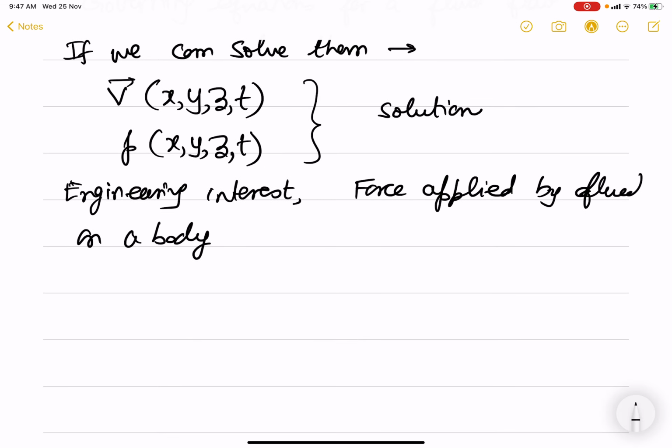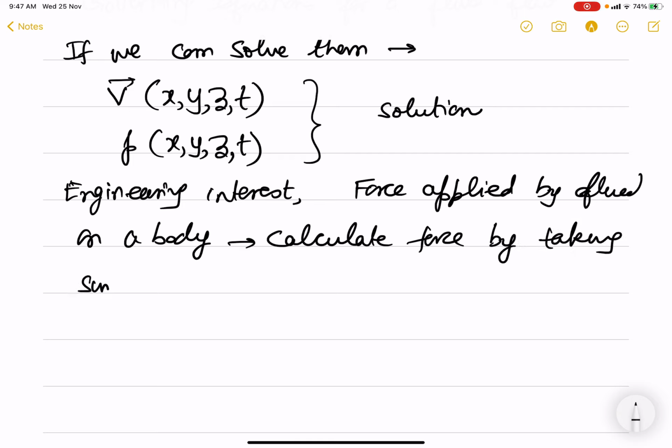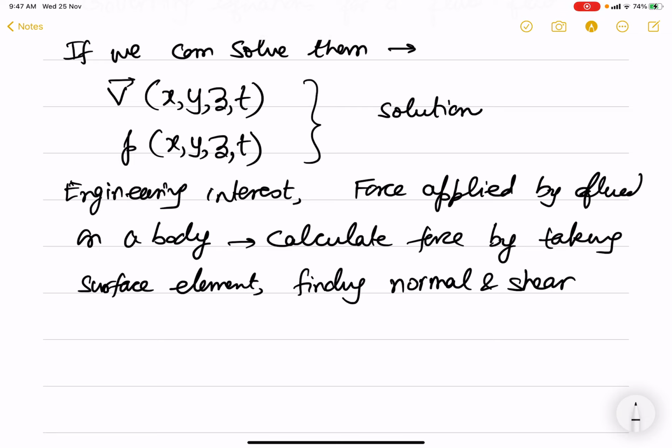So then we calculate this force by taking a surface element on the body and finding the normal and shear forces on the element, and then we integrate on the whole body.